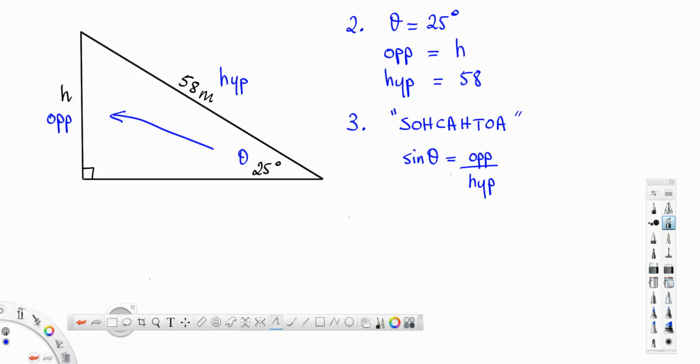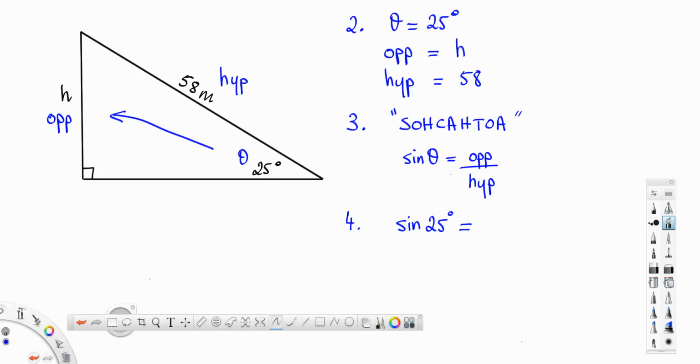Step four, use this ratio and our information to write an equation. So in step three, we've got the ratio. What we're going to do in step four, we're going to add the information in from part two. We know that theta is 25 degrees. So in the place of theta there, I'm going to write 25, sine 25 degrees is equal to op.